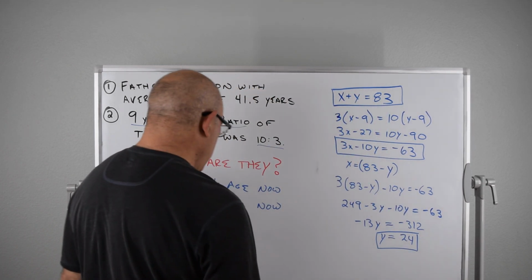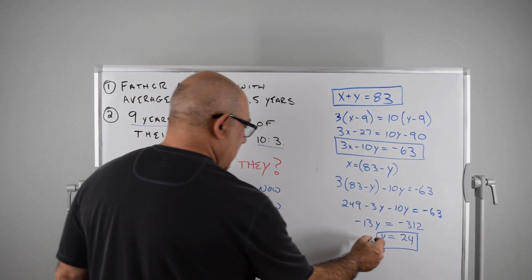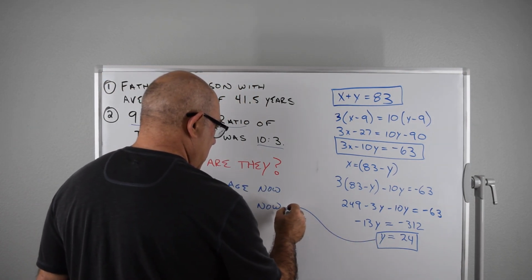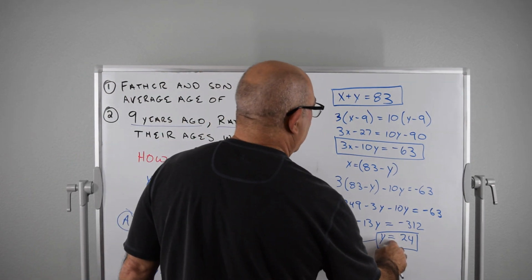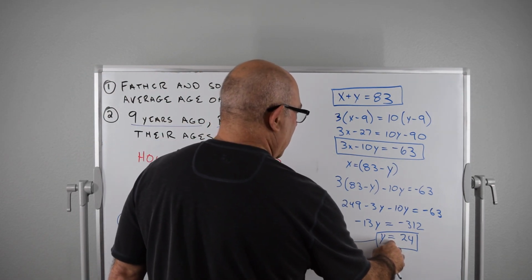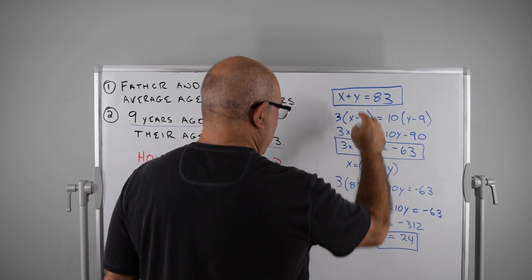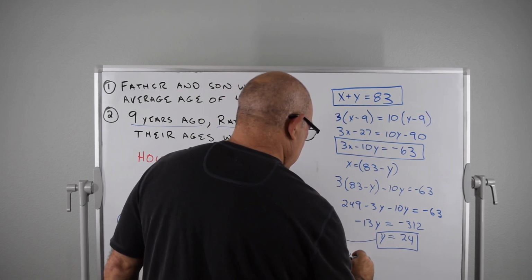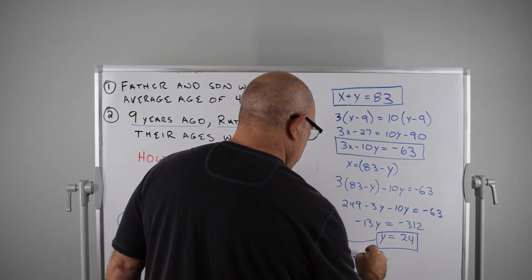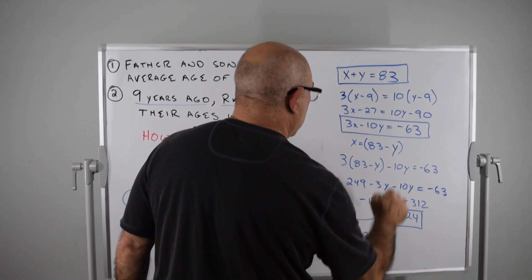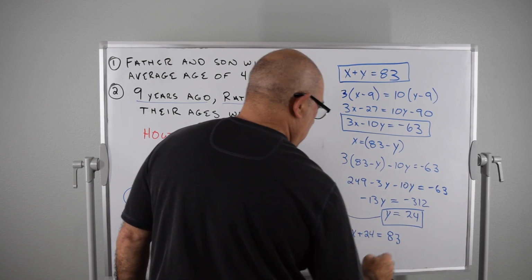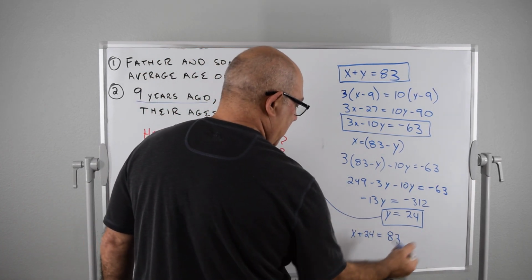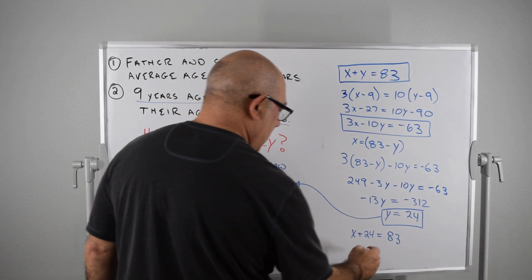So now we know that the son's age is 24. It's just a matter of figuring out the father's age, and we plug back into here. So x plus 24 equals 83. We basically just have to subtract 24 from both sides.